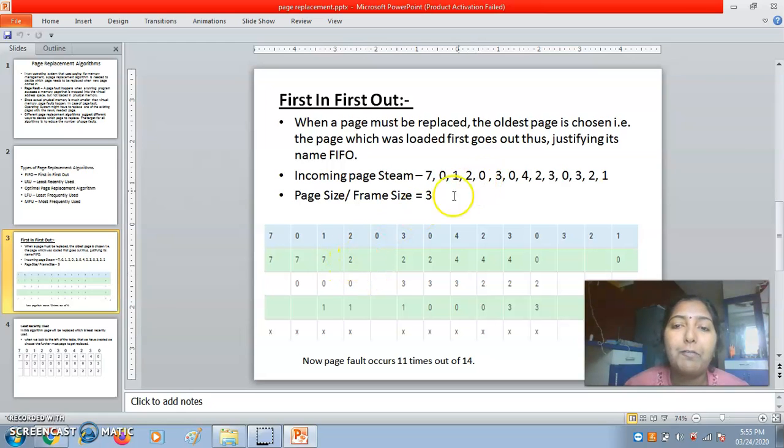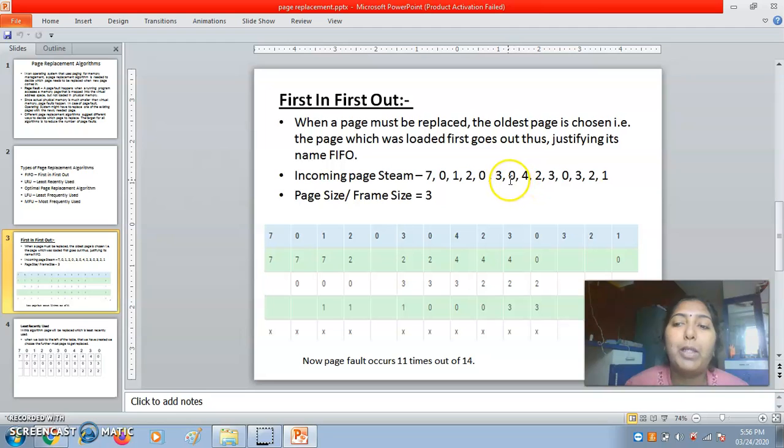And the next reference is 0. 0 is already present within the main memory, so it is not considered a page fault. And the next page reference is 3. Within these 3 frames 3 is not present, and within 2, 0, 1 the oldest page is 0, so it is replaced with 3.